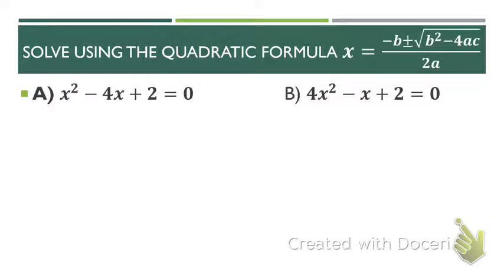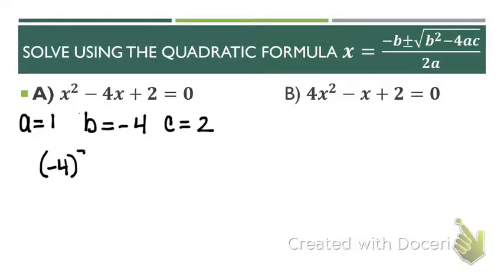So this one is set equal to 0. So a is 1, b is -4, and c is +2. So we're going to actually start. Now, the way I like to do the quadratic formula is I always start with the discriminant. So the first thing I want you to do is find b squared minus 4ac.